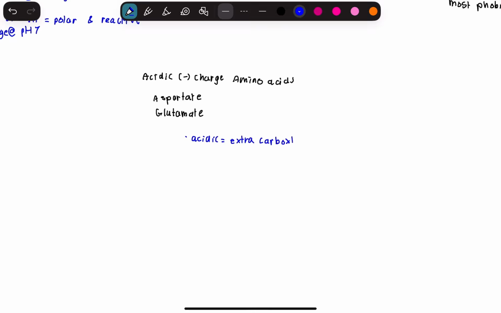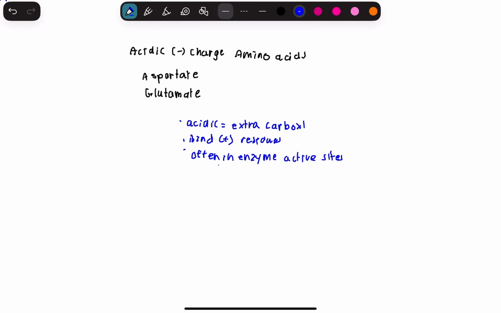And also they bind to positive residues. They're also often in proteins. So remember, D and E equals acidic, and it's like a down charge.